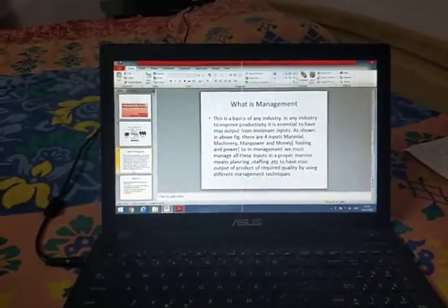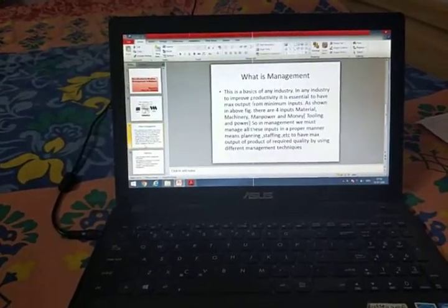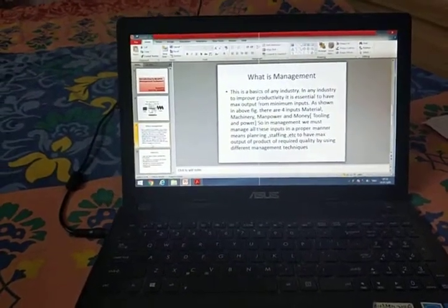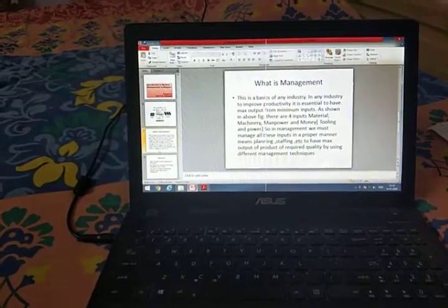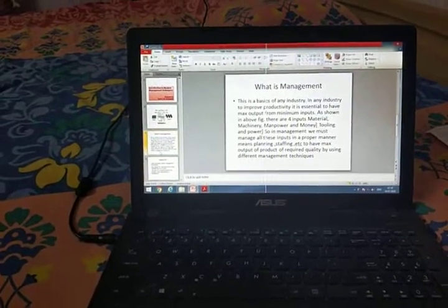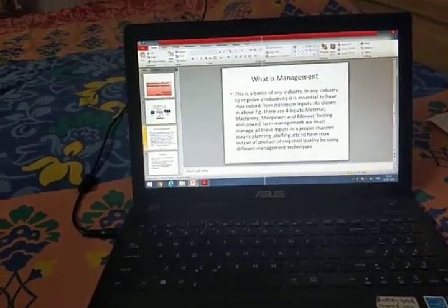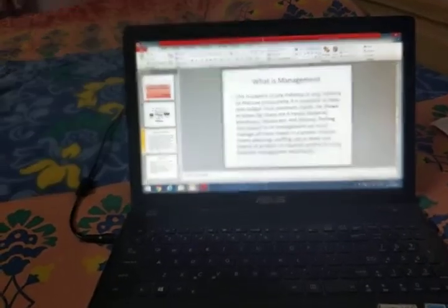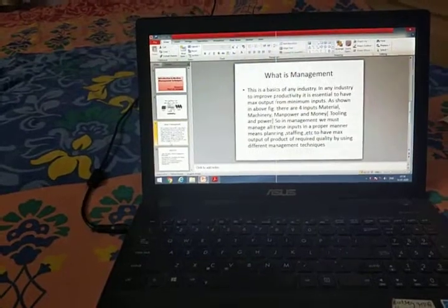In any industry, to improve productivity, it is essential to have maximum output from minimum input, because productivity is nothing but output upon input, as shown in the figure. So there are 4 input materials: material, machinery, manpower and money.